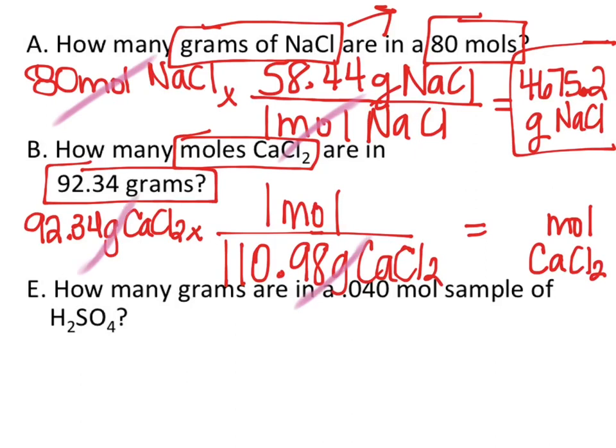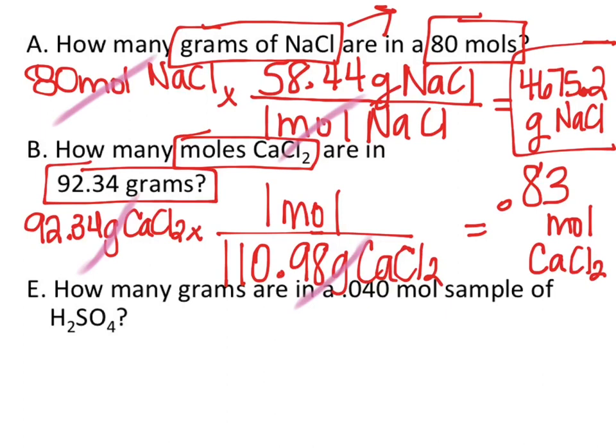So you multiply everything on top. 92.34 times 1 gives me 92.34. And then divide by what's on bottom, 110.98. And that gives me 0.83. 0.83 moles.